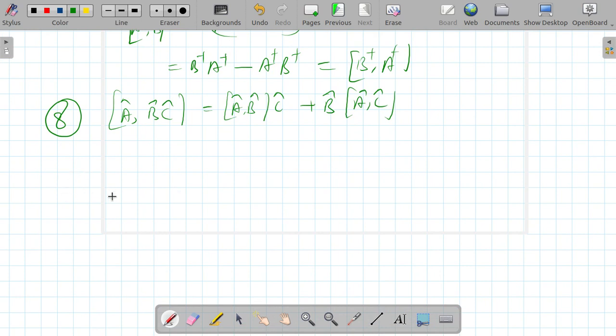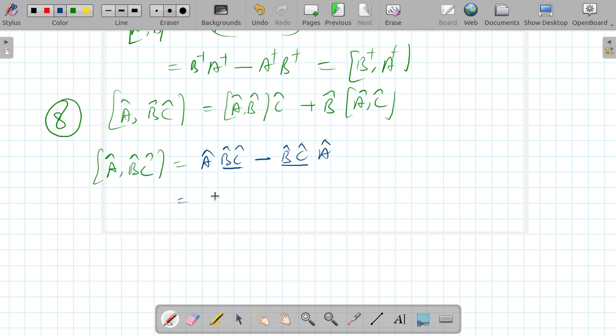How will this happen? Say it is [A, BC]. Its commutator can be written as ABC minus BCA. Right?